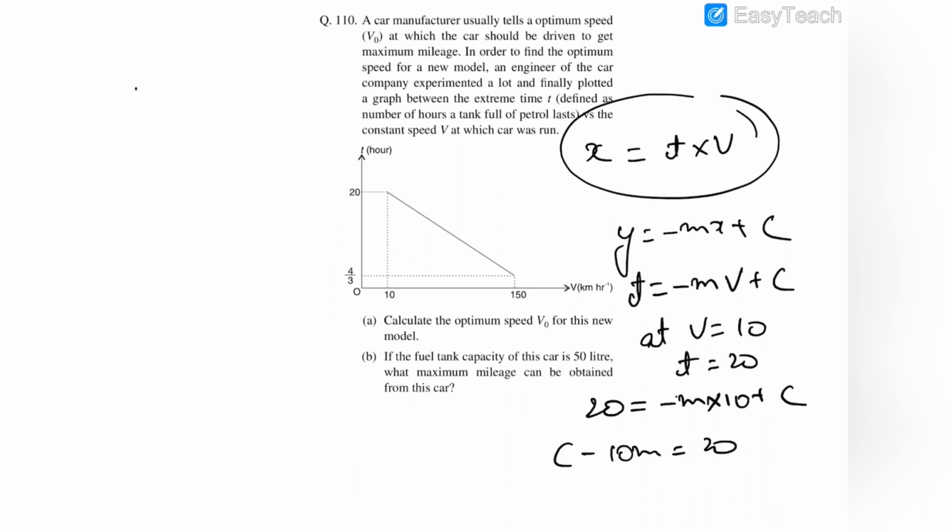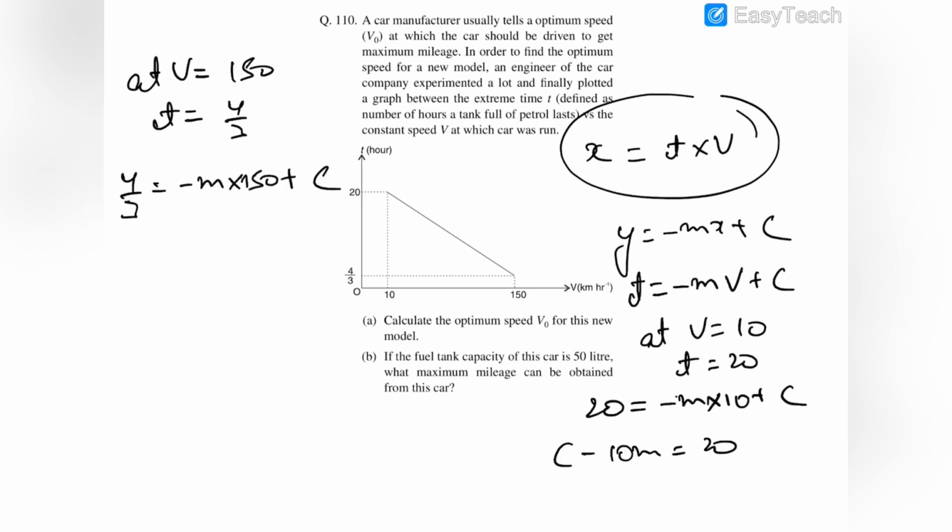Now you can see that at v is equal to 150, the time is equal to 4 by 3. So 4 by 3 is equal to minus m into 150 plus c. So c minus 150m is again equal to 4 by 3.